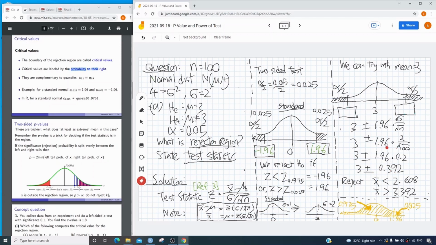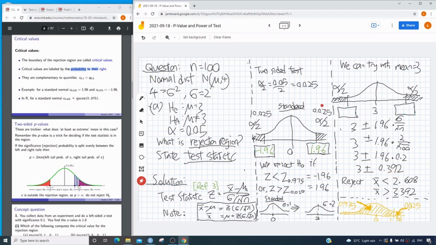The sigma is 2, and the square root of n is the square root of 100, which is 10. So 2 divided by 10 is 0.2. 1.96 times 0.2 is 0.392.